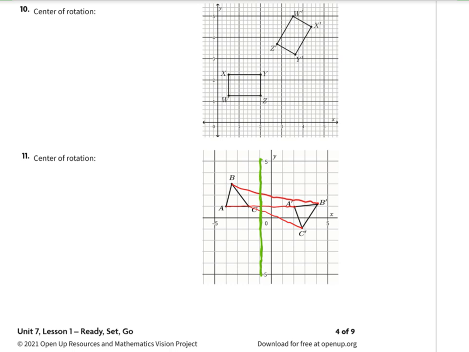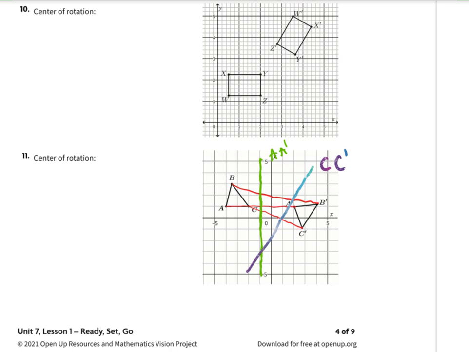Right, so this one is the perpendicular bisector of A and A prime, or A apostrophe, whatever you want to call it. Let's do the same thing for C and C prime. And this one's going to look something like that. All right, that's the perpendicular bisector for C and C prime.